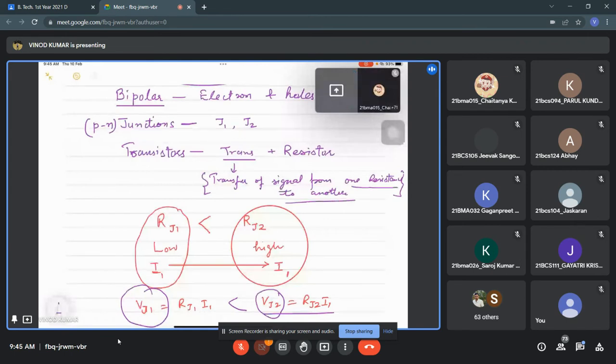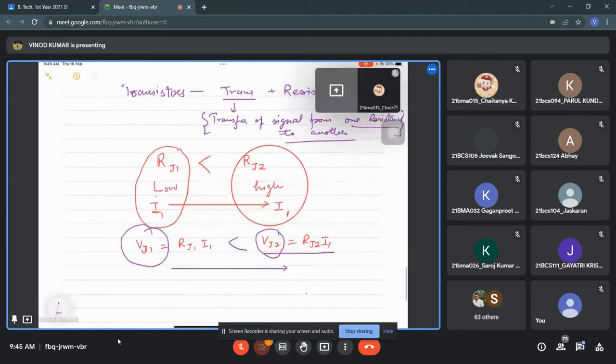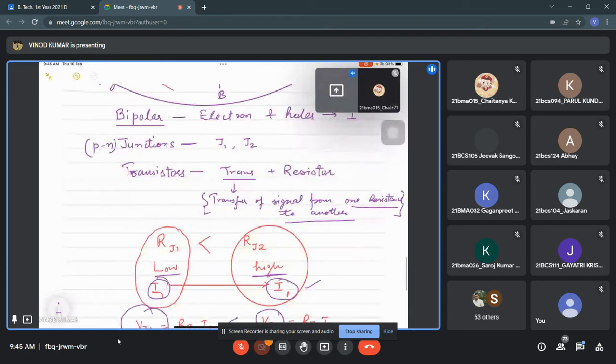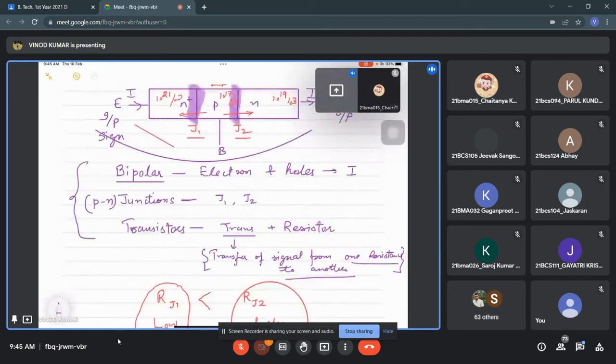That resistance can be low to high, and that is the benefit. Suppose the current is the same. I hope you now understand the meaning of bipolar junction transistor. Understand?